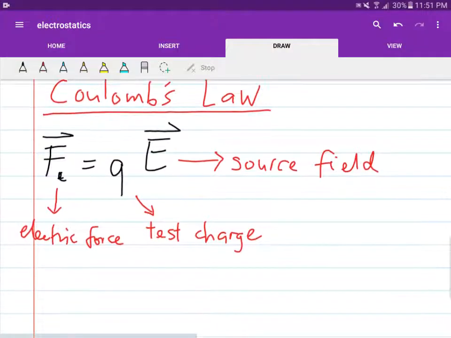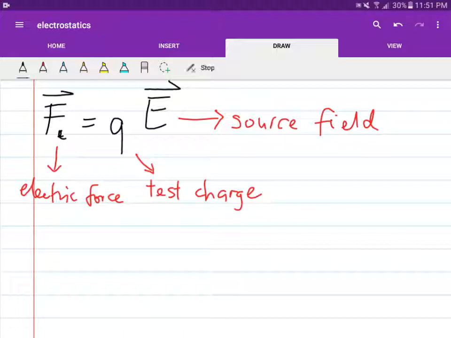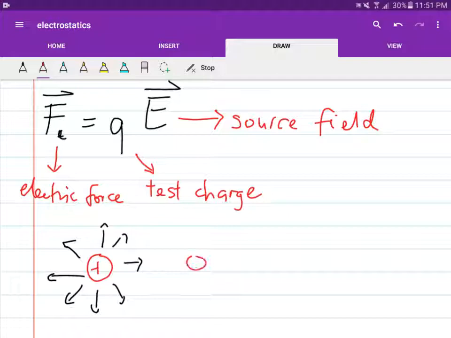So from our example earlier, if we have here a positive charge, it sets up a field radially outward, and you put in, say, a positive charge near it. This positive charge will feel a force that is in the same direction as the source field.